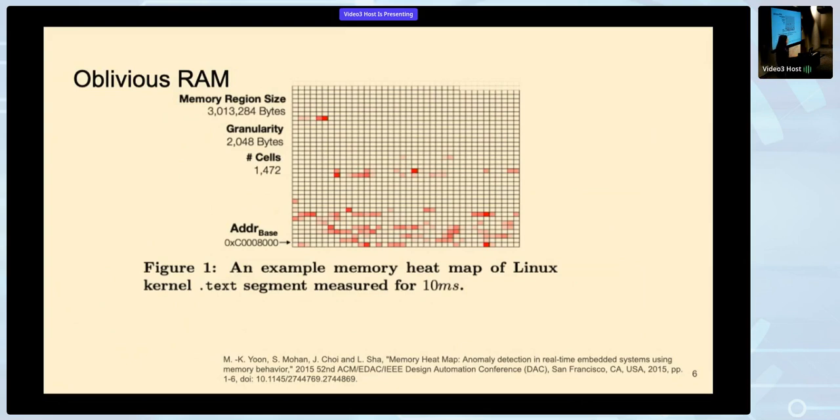So different programs have different maps of memory access. By observing this access pattern over time, sorry, I'm getting a bit nervous.